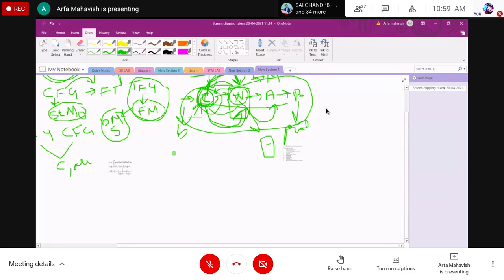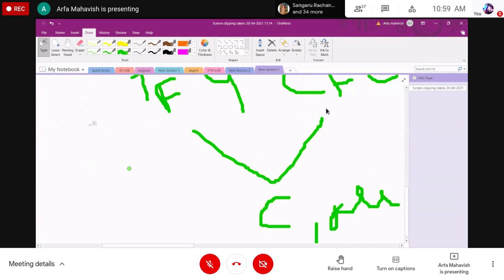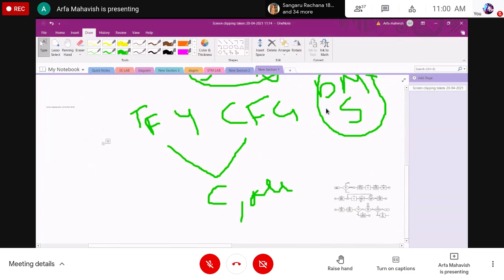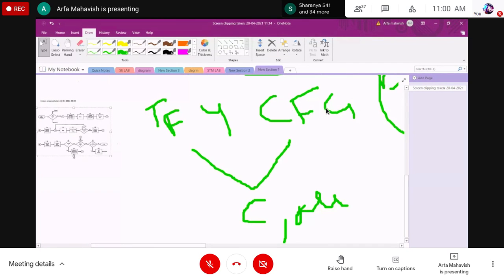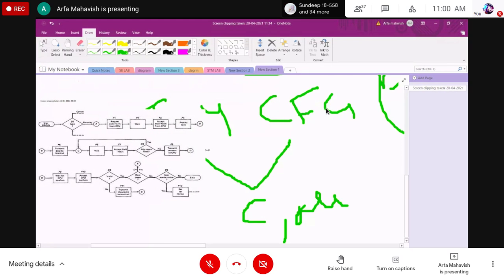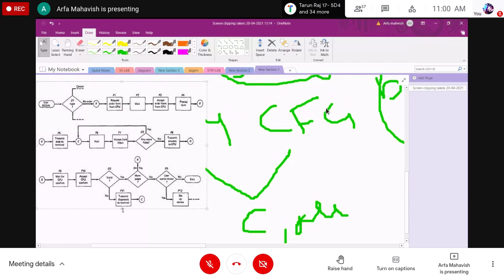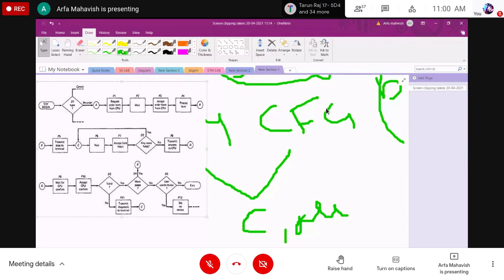Before going to this diagram, you have to keep in mind that we have three things: demo terminal, control terminal, and main CPU.